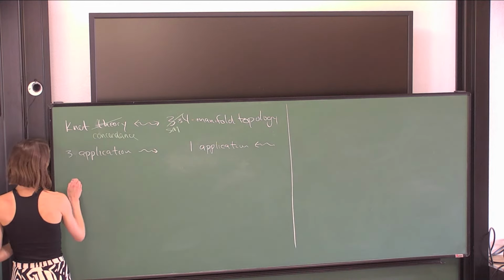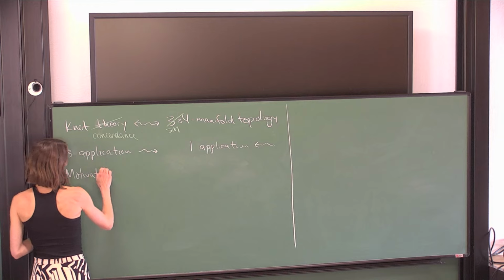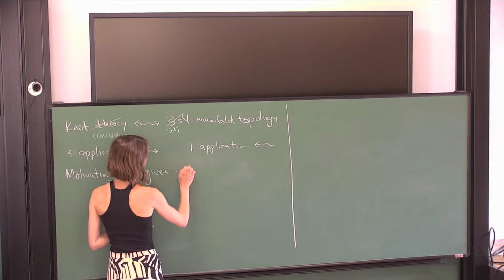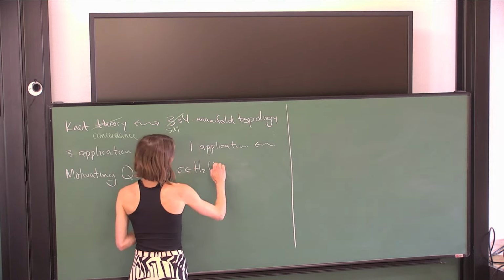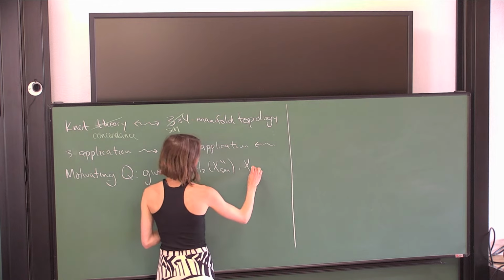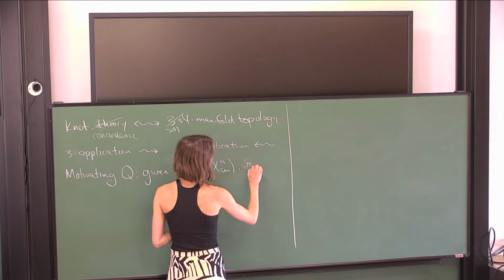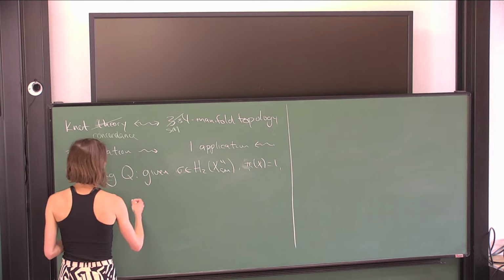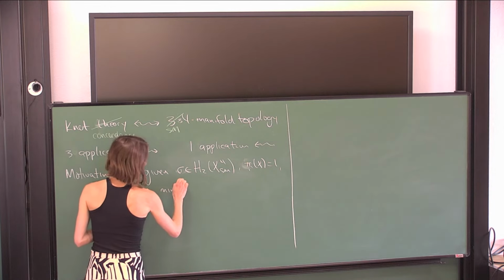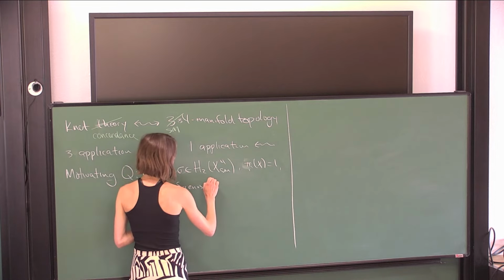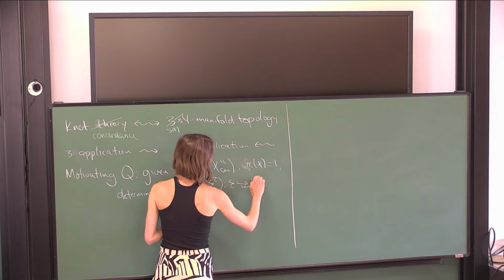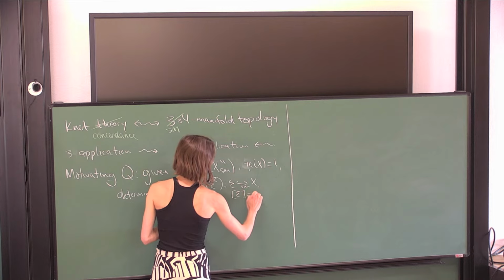So one of the big motivating questions is: given a homology class in some smooth four-dimensional manifold, and for the rest of the talk my manifolds will all be simply connected, determine the minimum genus of a surface which embeds smoothly in your manifold and generates the class you were given.